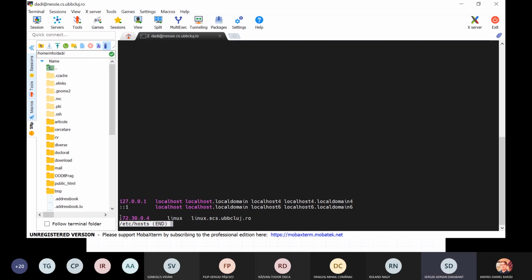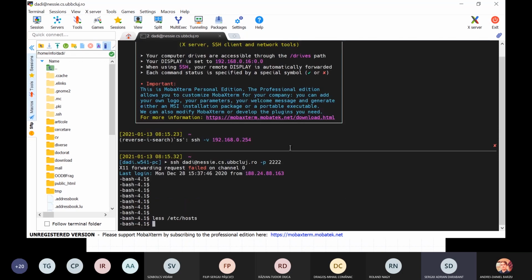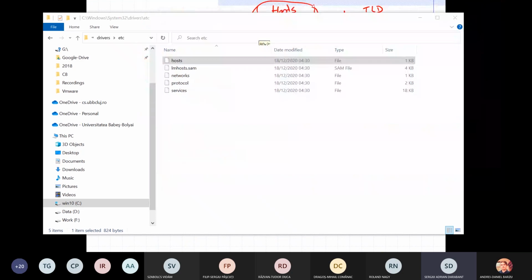For example, this one states that 172.30.0.4 is Linux and Linux scs.ubbcluj.ro. That's the fully qualified domain name. You can edit it exactly as on Windows. It's a file, and you can add records to it.